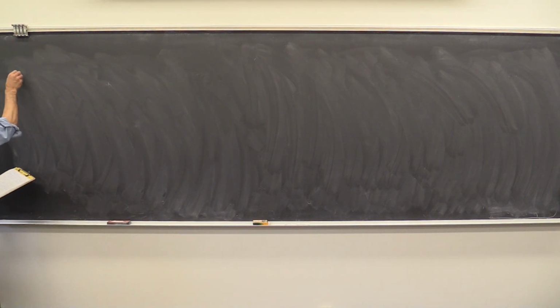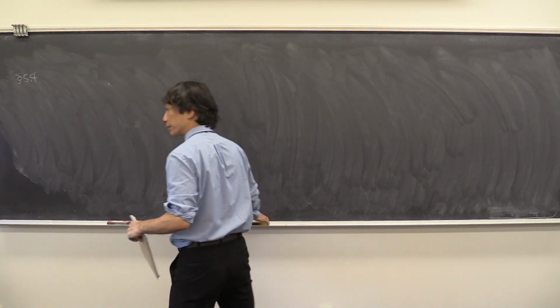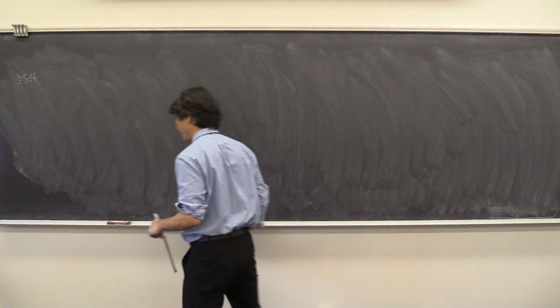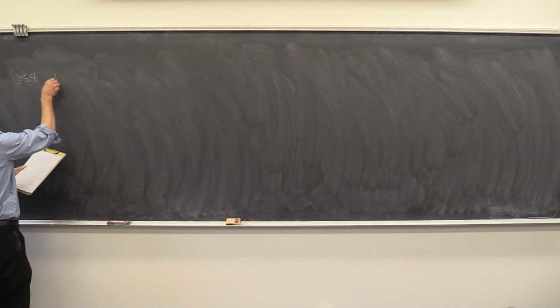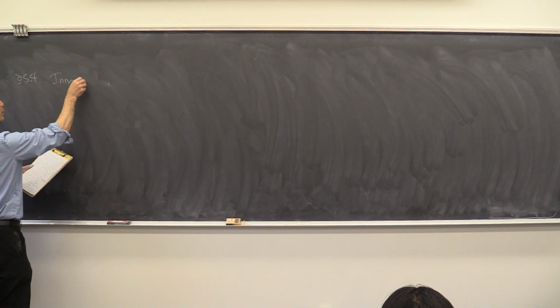Okay. 5.4. All these tiny pieces. 5.4 is what's called inner product spaces.